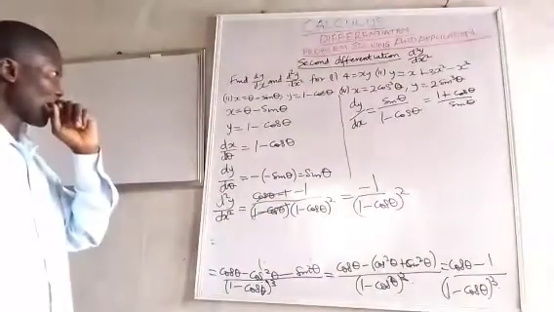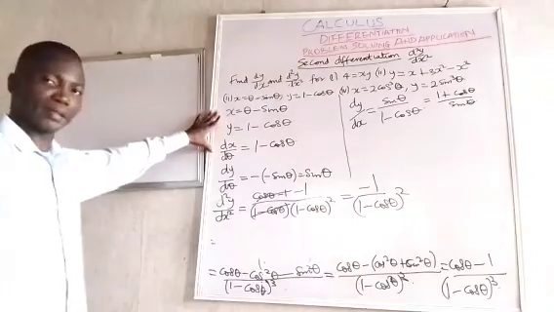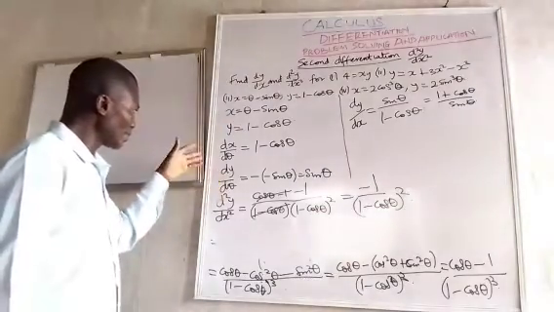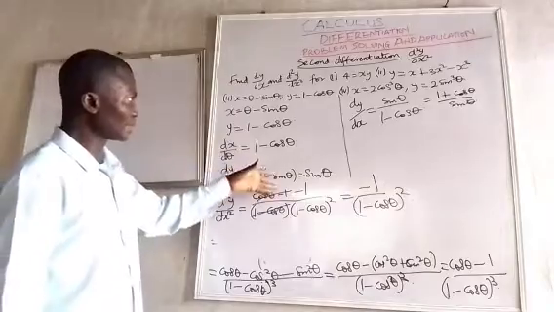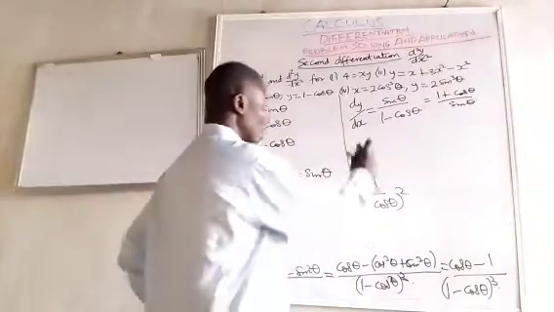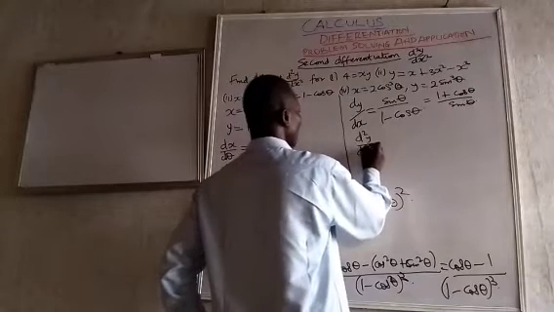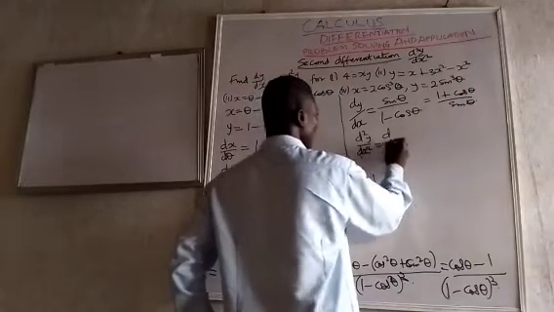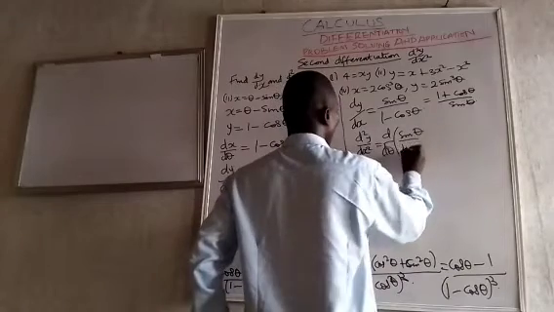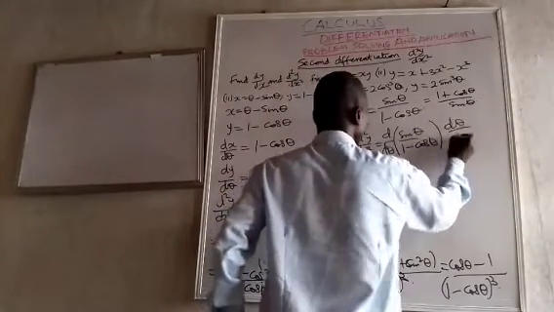Please, I want you to notice one place. Because of the way this is, when I wanted to differentiate dy dx again, that is to get the d2y dx squared, I did something. I said the d2y dx squared will be equal to d d theta of sine theta over 1 minus cos theta, into d theta dx.